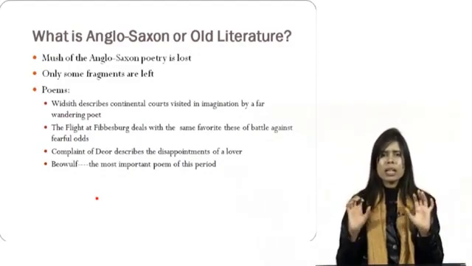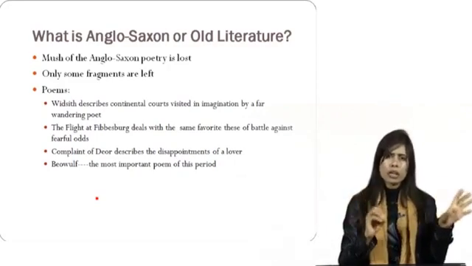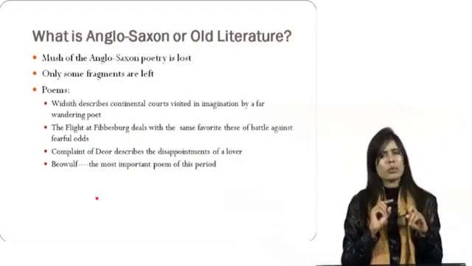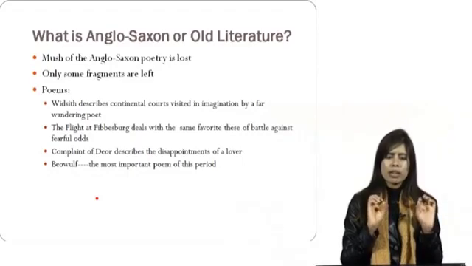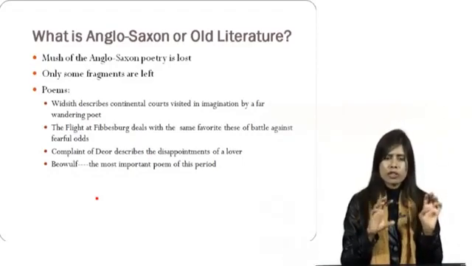Basically literature is a reflection of society, so whatever is happening in the society would be saved in the form of literature. These continental courts were very common in those days, so that was part of this poem Widsith.